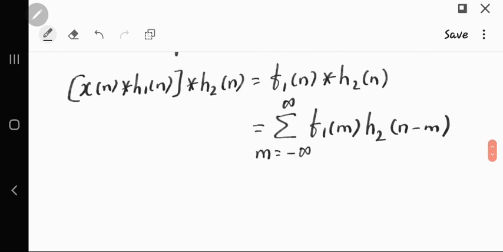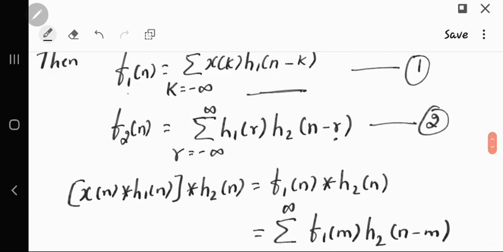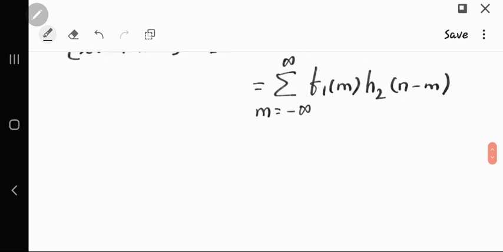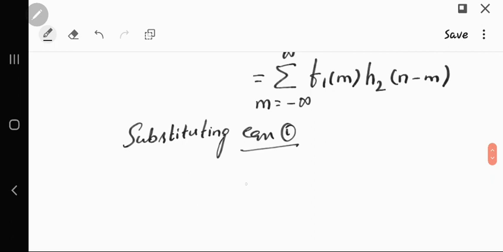Then what happens to this? We can substitute equation 1 here, but here in place of f1 of n we have f1 of m. Just replace n with m, so you will get the expression from equation 1. Now I am going to substitute this here, substituting equation 1. So what happens to this expression?